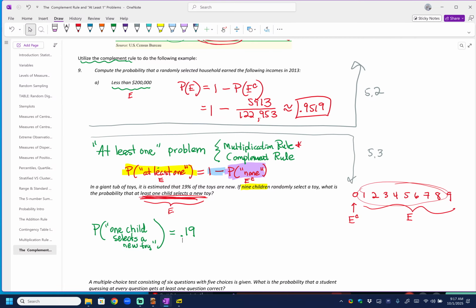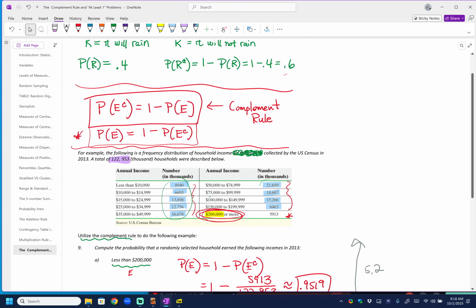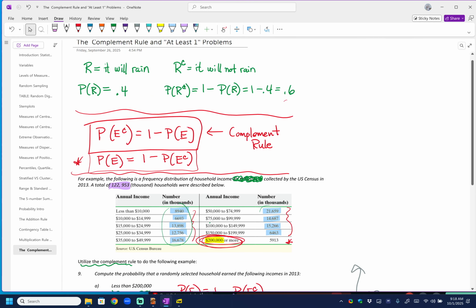So next, if the probability of one child selecting a new toy is 0.19, then the probability of one child not selecting a new toy is its complement, which is going to be 1 minus 0.19, or 0.81. So it's just like the example above when we were talking about it raining. So if it's 0.4 that it will rain, it's 0.6 that it's not. Same thing here.